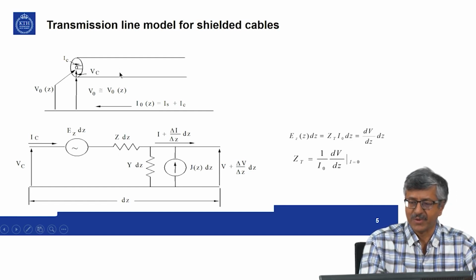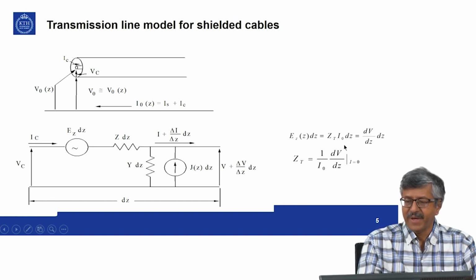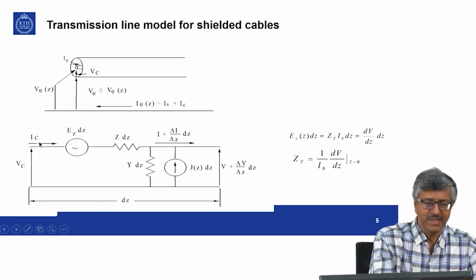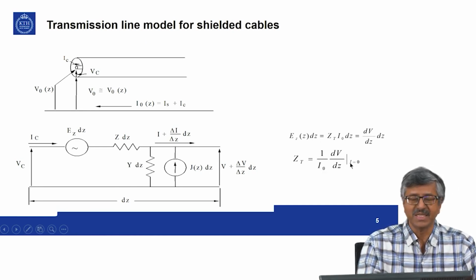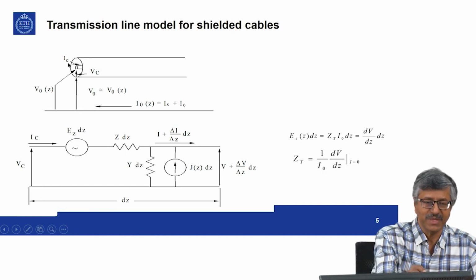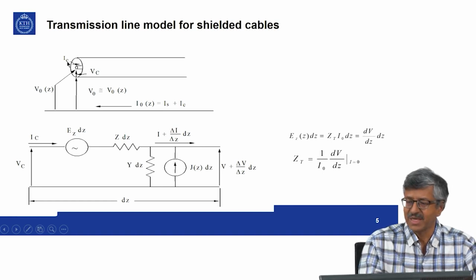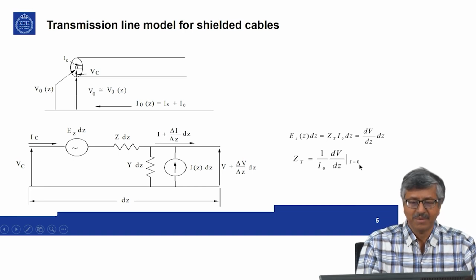So, it is open circuited. Then you can define this. So, I equal to 0. I have made some inconsistency in the notation here, so please ignore that. Here it is IC and here it is I equal to 0, but from the context you will know what it is.